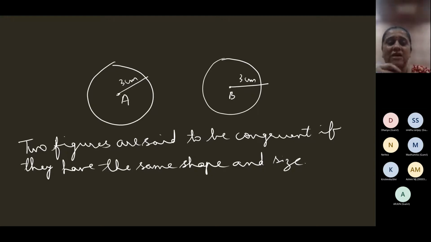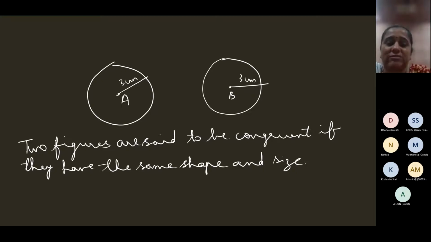So two figures are said to be congruent if they have the same shape. Both pentagons, two pentagons will have the same shape. 5 sides, 5 angles.